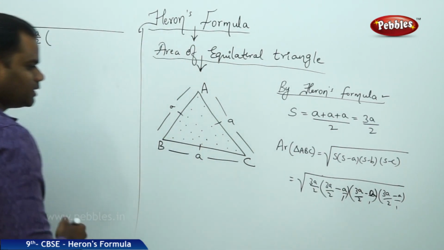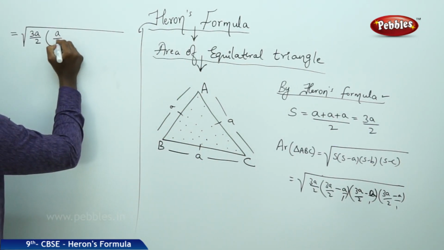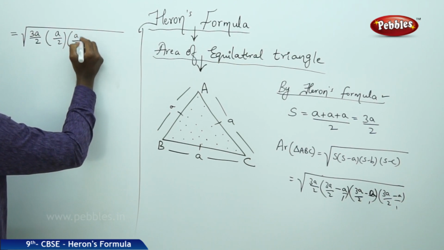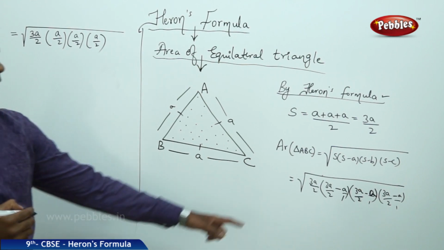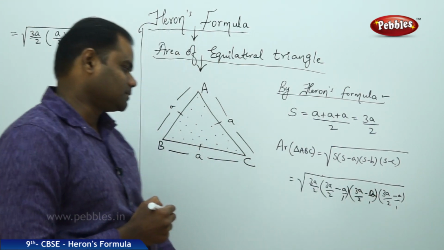So this becomes 3A minus 2A, which is A by 2 times A by 2 times A by 2 is what I get for each of the terms.